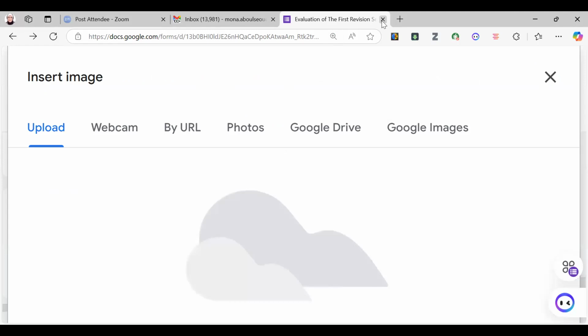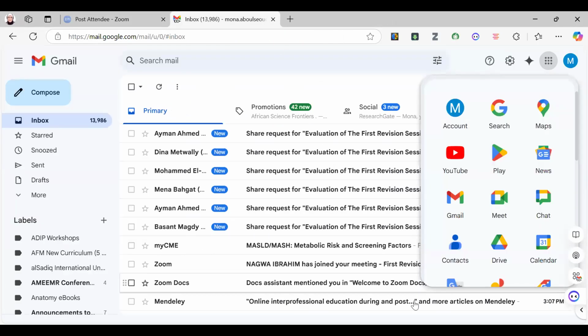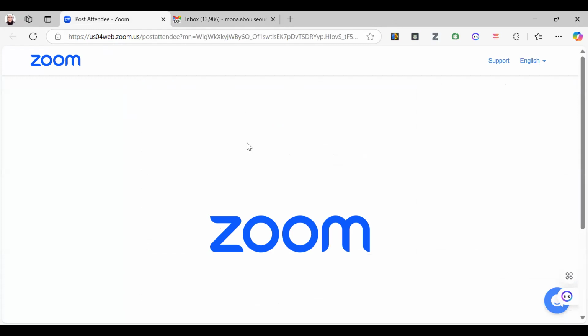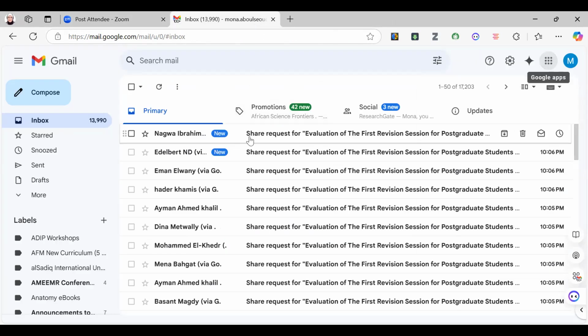Doctor, but we have to request access. You got an email from me, share request for evaluation. I will get access to each and every one of you. How odd. This wasn't like that with Microsoft Teams.